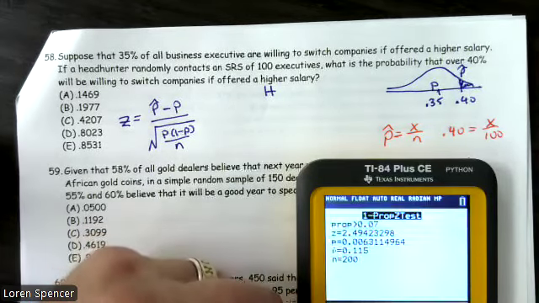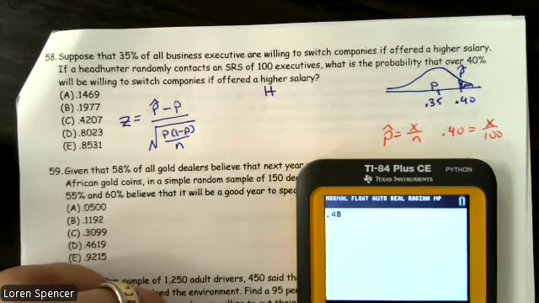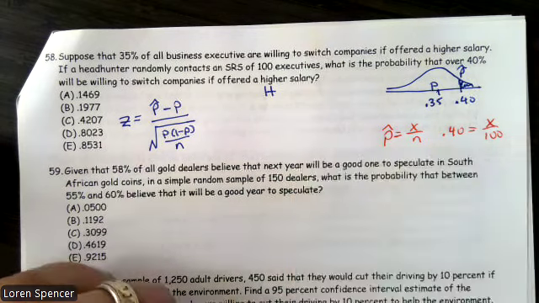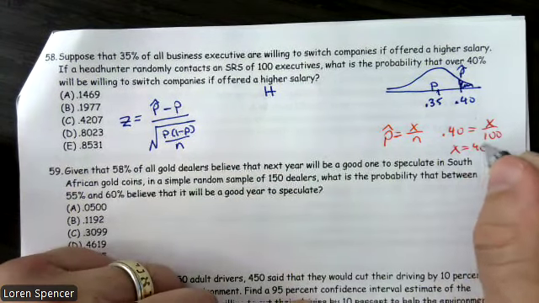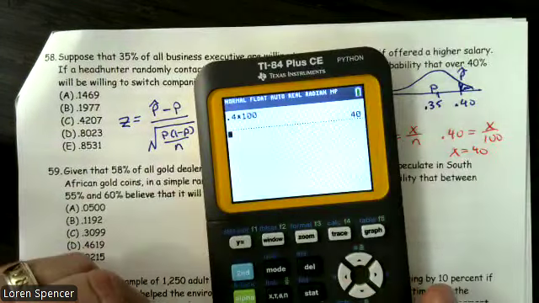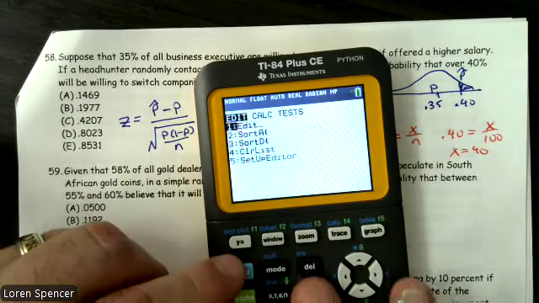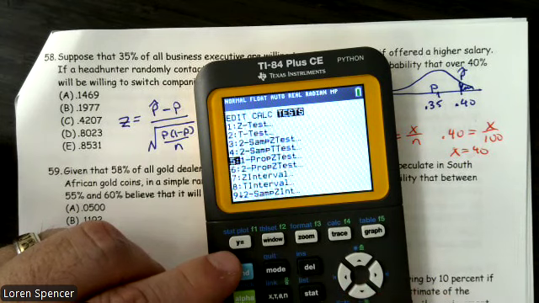When I multiply that out, 0.4 times 100, I find that X is 40. All right. So X equals 40. Now, when I go to my calculator to plug this in, I'm going to go STAT, TESTS, 1-PropZTest.